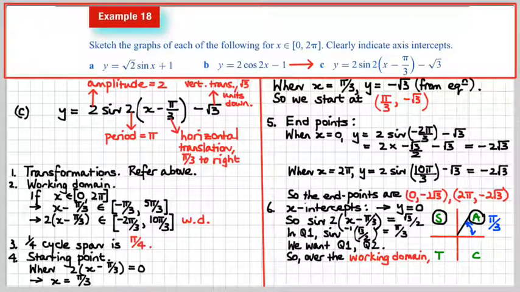Over the working domain, there are no solutions going in the negative direction from 0 back to minus 2 pi on 3, because that only gets you round to there, and there's nothing there. So we're going to get all our solutions going in the forwards direction as far as 10 pi on 3.